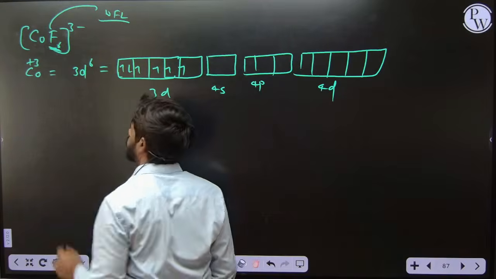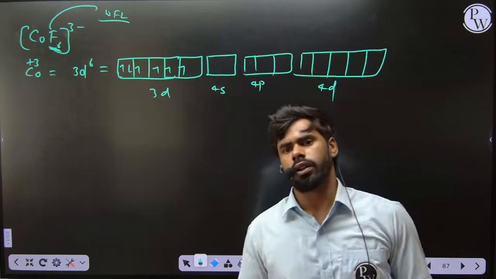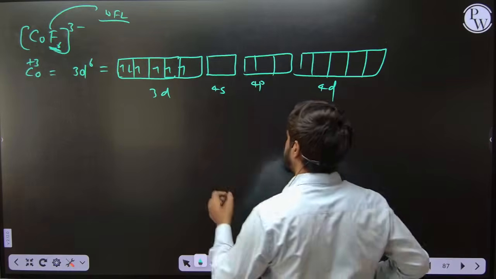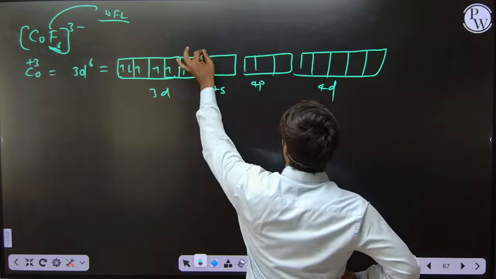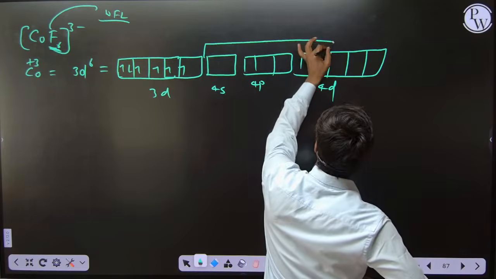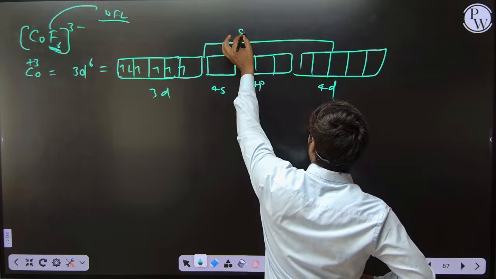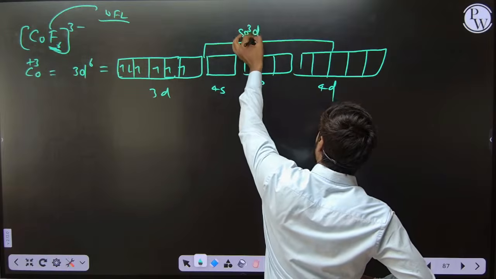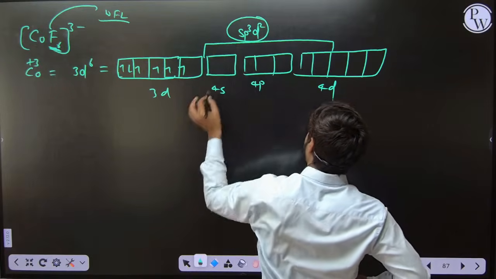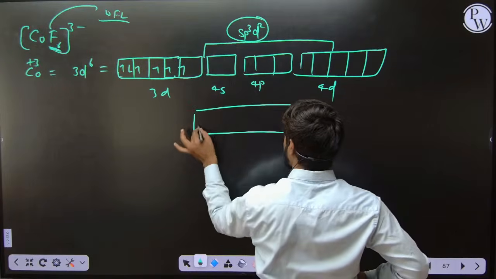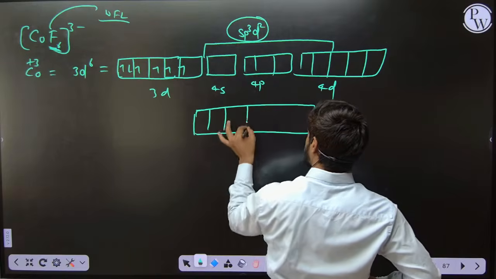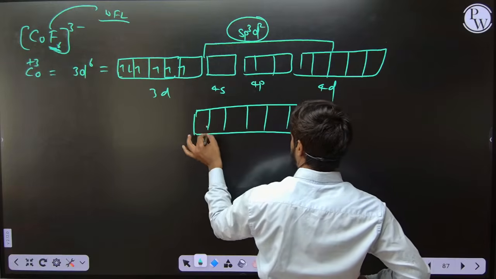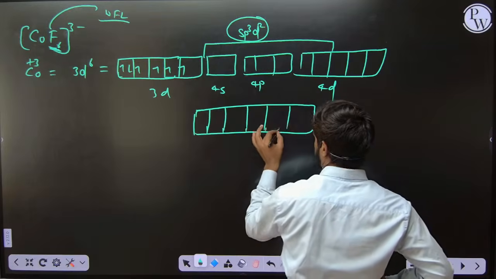We need 6 vacant orbitals for the overlapping. So from here we take the 4s, 4p and 4d, and we will get an sp3d2 type of hybrid orbital, that is 6 orbitals.